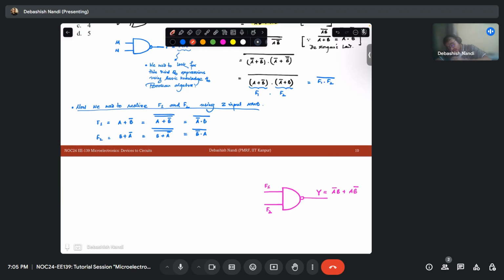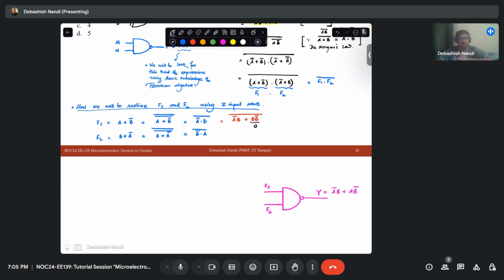Now I use a trick. A bar B plus B B bar, and I just keep this. What is this?